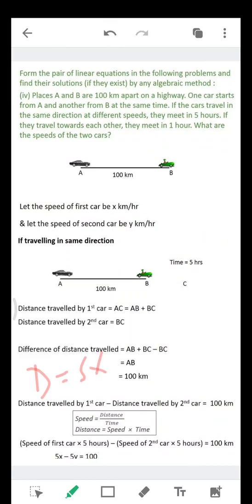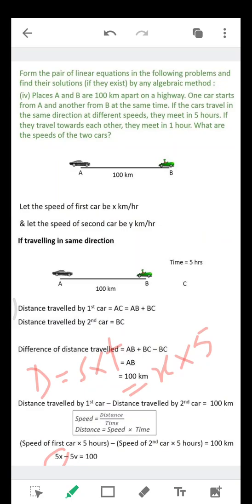That is the formula. So we have to find the distance traveled by the first car. What is the speed of the first car? x. And what is the time it has taken? 5. So 5x.